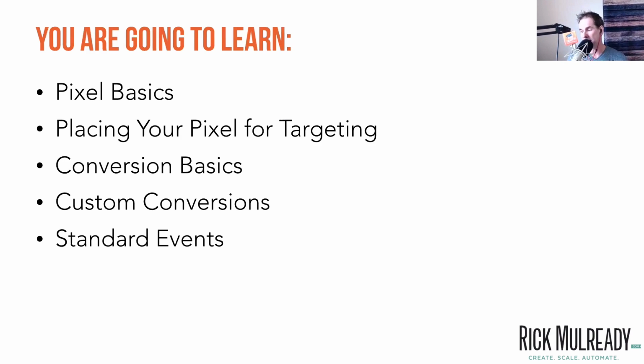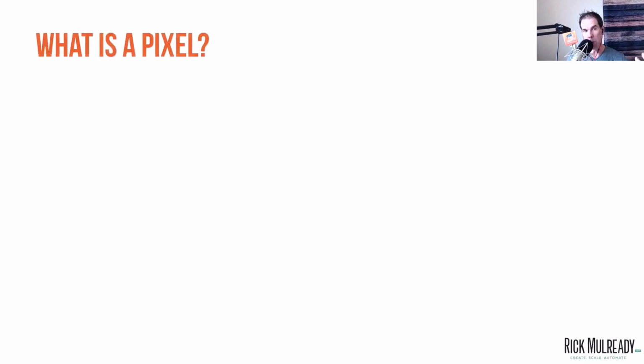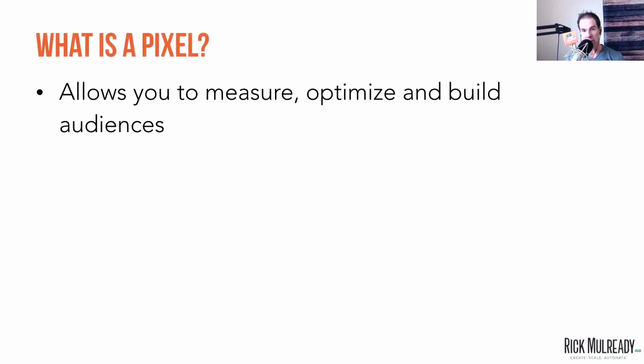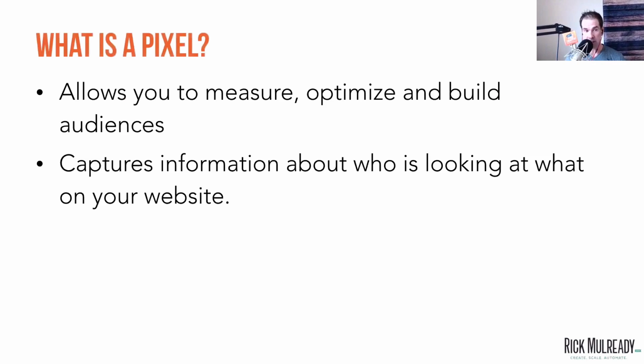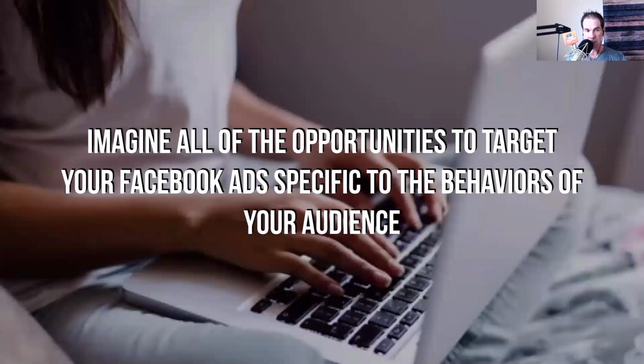So let's dive right into the basics of the Facebook pixel. So what is a pixel? Well, it allows you to measure, optimize, and build audiences using the Facebook pixel. It captures information about who's looking at what on your website or on your landing page. Imagine all of the opportunities to target your Facebook ads specific to the behaviors of your audience.